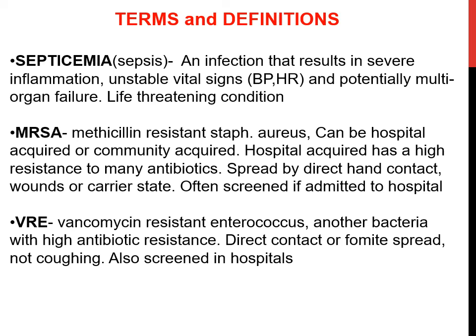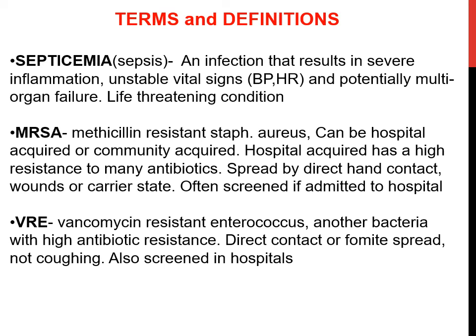So for example, your heart may start to fail, your kidneys may start to fail, and this is typically a life-threatening infection, and we try to get antibiotics on board as quickly as possible for sepsis. Okay.